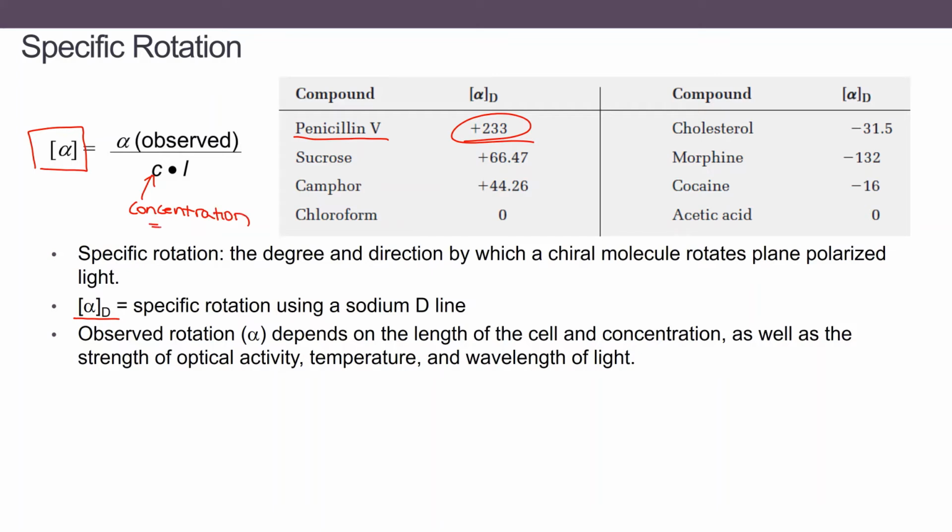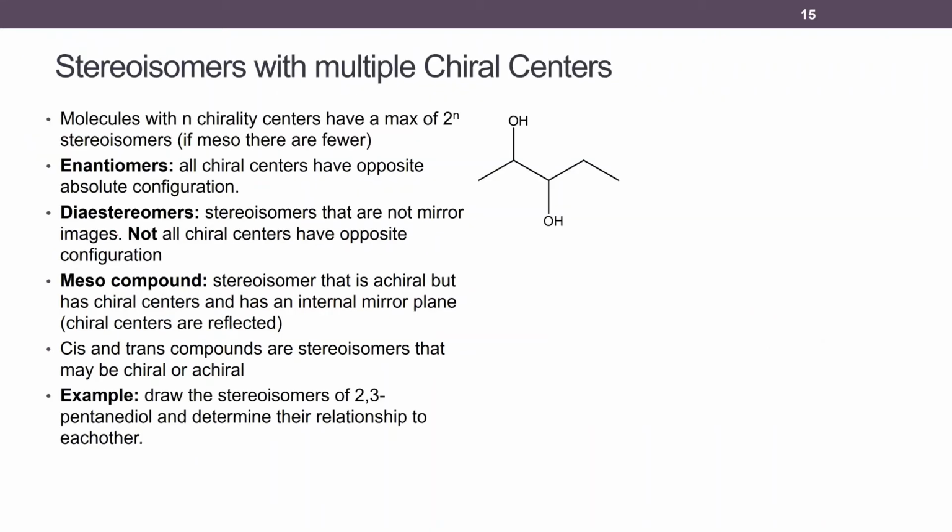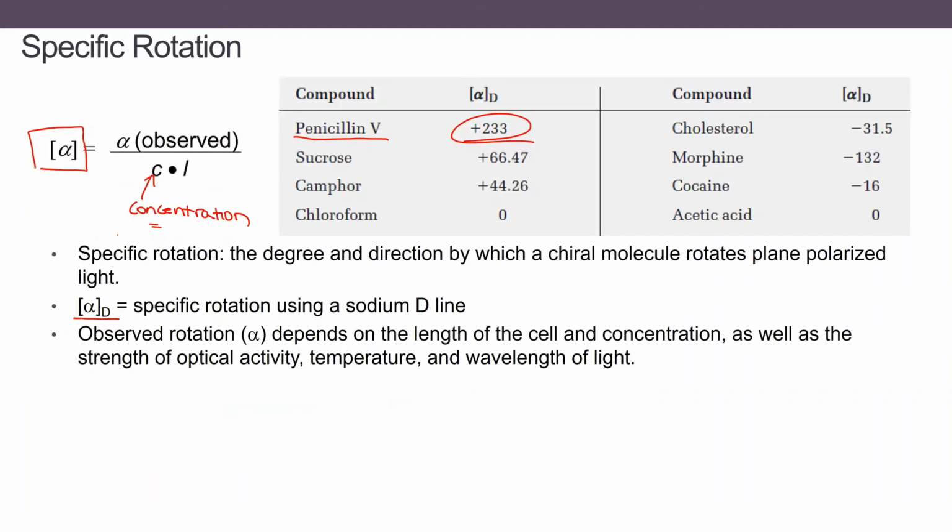And the concentration is actually given in grams per cubic centimeter. The length of the cell that we're using is in decimeters. And then the degrees is just degrees, so plus or minus, whatever that may be.